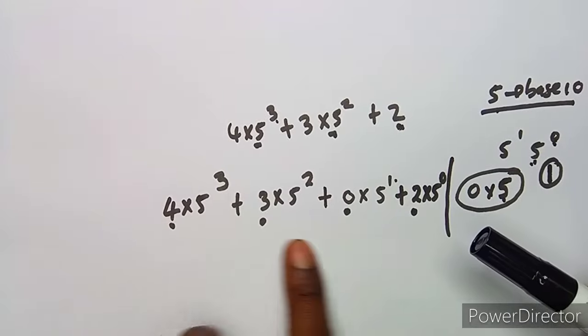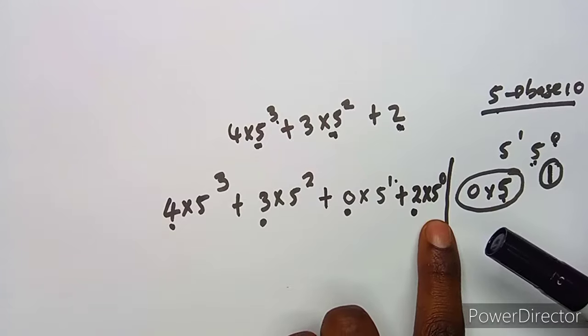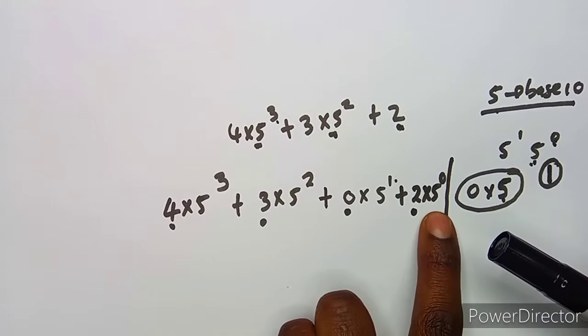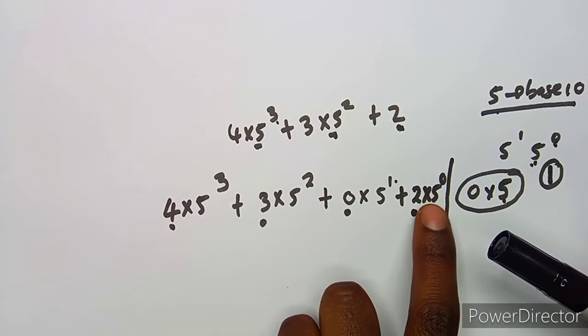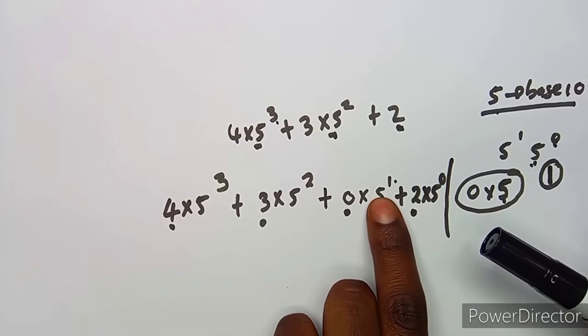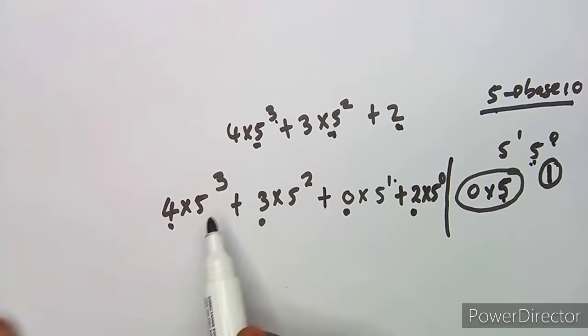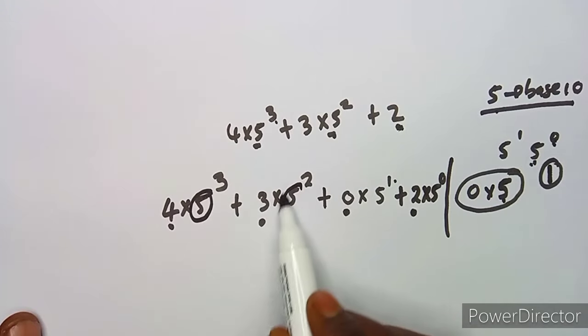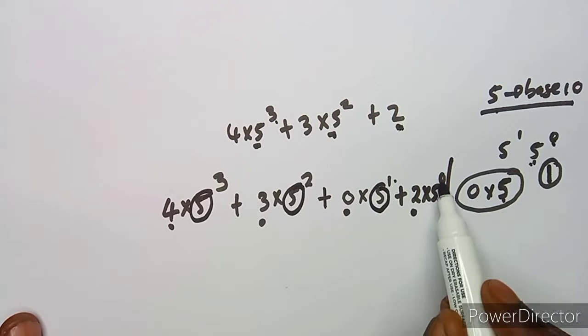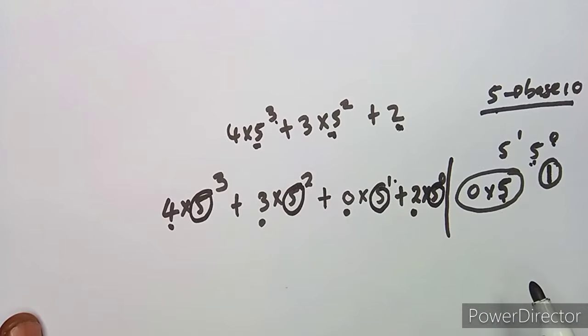So if you cross check, this is the format that you use when you are converting from base 5. Remember, you raise to the powers of the base 5, which is 5 to the exponent of 0, to the exponent of 1, to the exponent of 2, to the exponent of 3, which means this is representing what? This is representing your base.